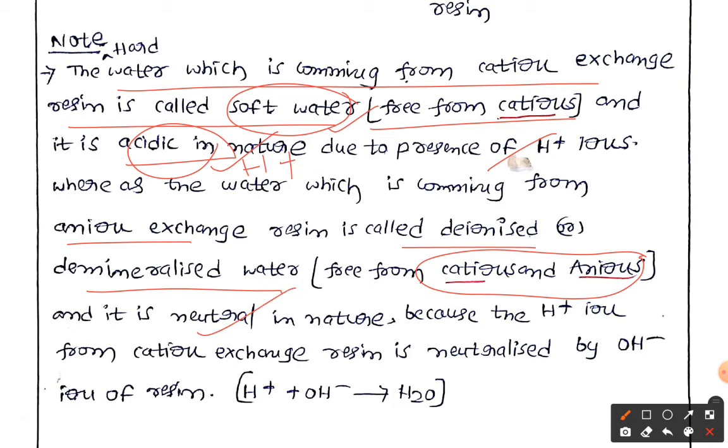The H+ coming from the cation exchange bed and the OH minus from the anion resin together give H2O, that's why it has neutral pH.